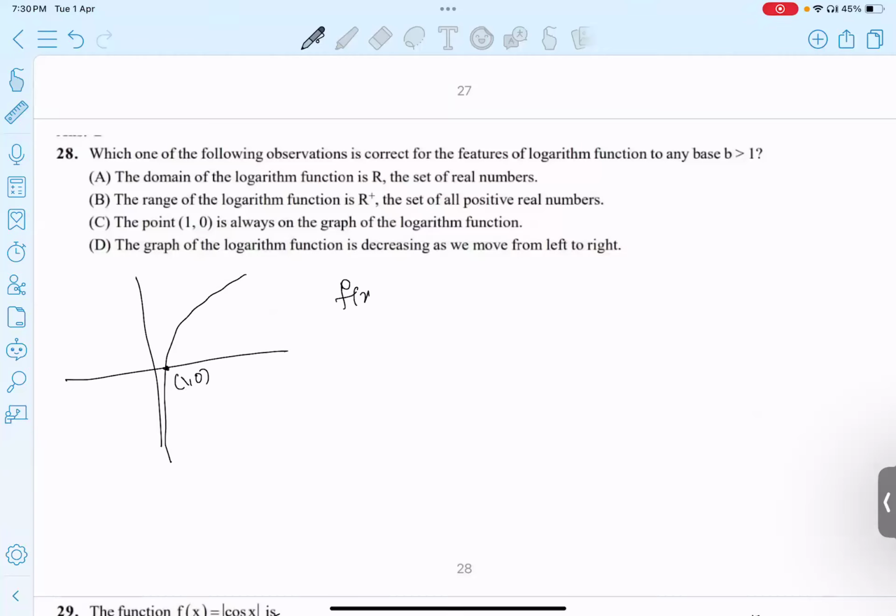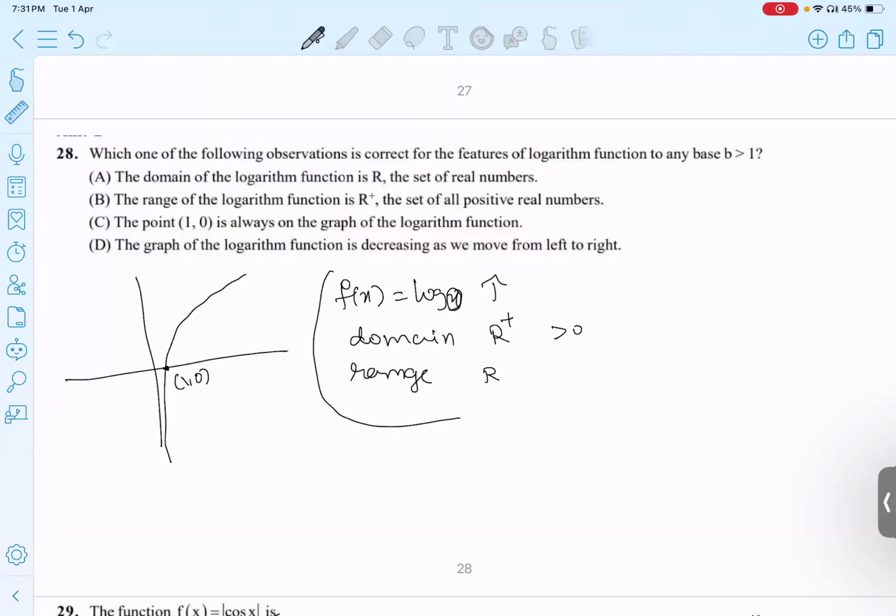Remember, the function log x is always an increasing function, and the domain of the logarithmic function is R plus, that is, only positive values, greater than 0. And the range of the logarithmic function can be any real value. And the log function is an increasing function. So keeping all this in mind, we'll go with the options, students.